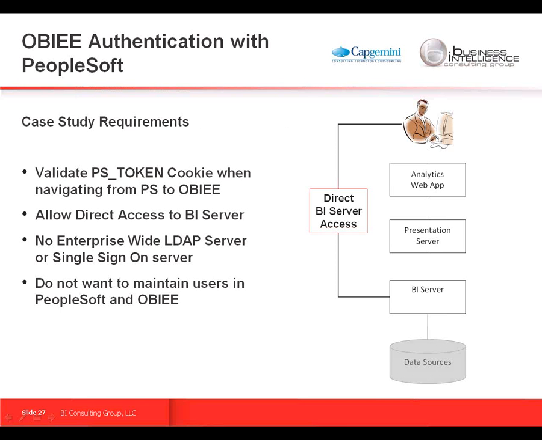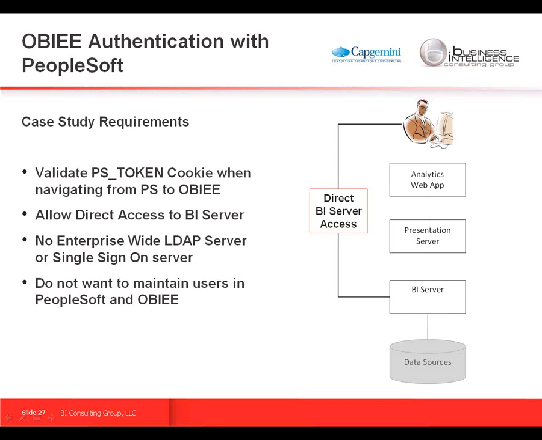So taking a closer look at the case study here, we had a requirement to allow people to come in directly to the BI server. Along with that, we had the constraint that we did not have a single sign-on server or an enterprise-wide LDAP server. There were smaller LDAPs throughout the organization used by different departments, but no central enterprise-wide LDAP server.